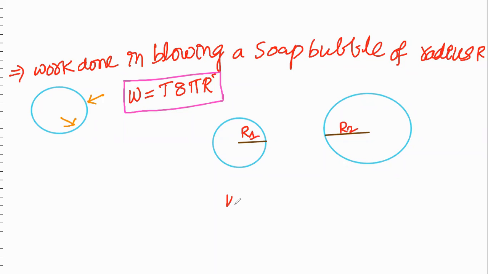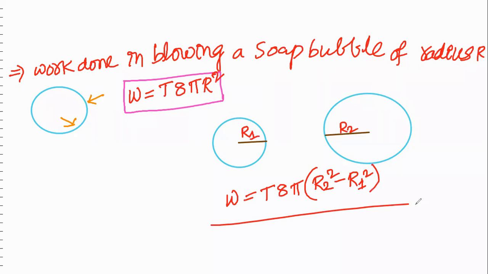Then the work done, W is equal to T into 8 pi R square. So W is equal to T into 8 pi into R2 square minus R1 square. This is the work done in increasing the radius of the soap bubble from R1 to R2.